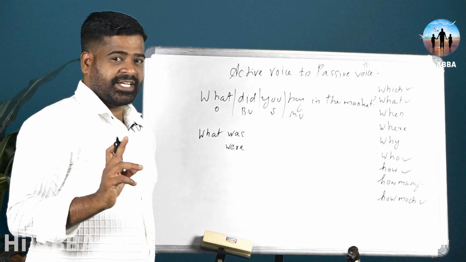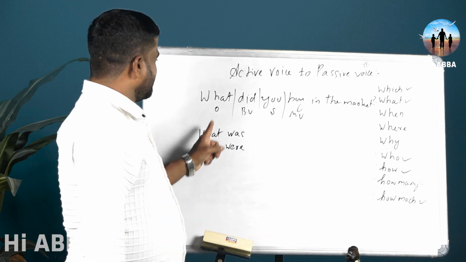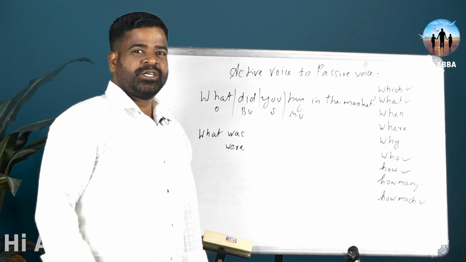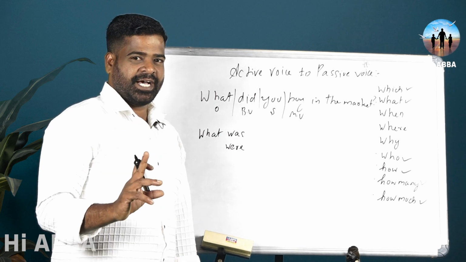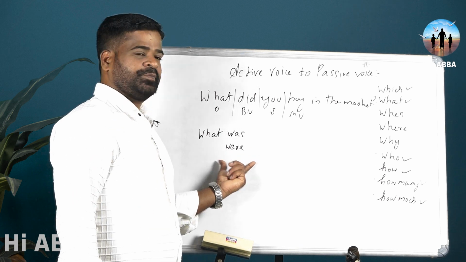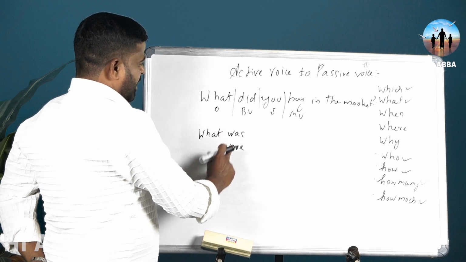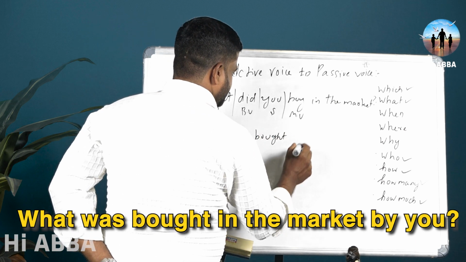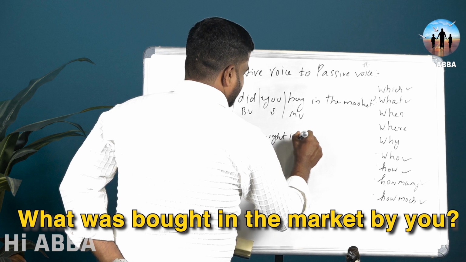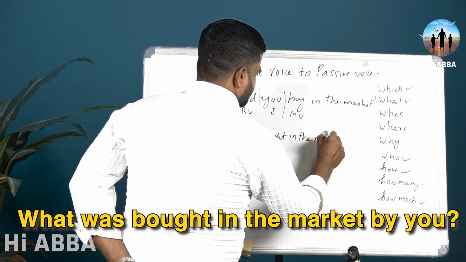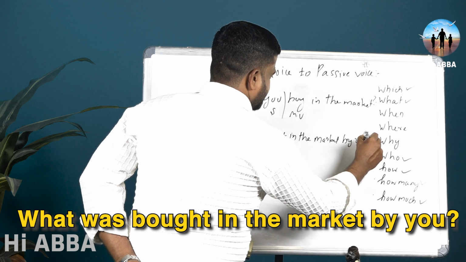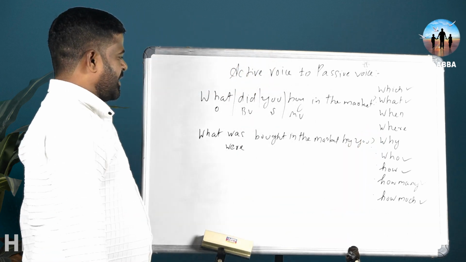Please understand the sense. Here this what is the object, which means that it refers to vegetables. So vegetable could be singular as well, it can be plural also. So: What was bought in the market by you? This is a passive voice.